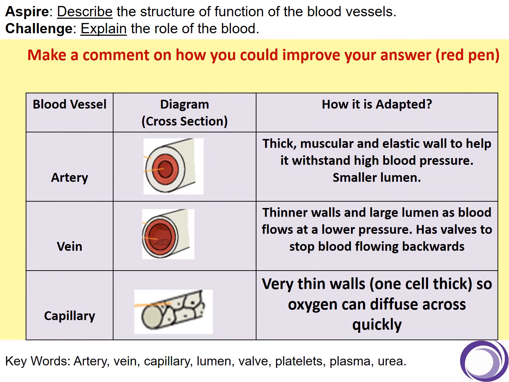So a vein, you should have just done a wider lumen, the hole in the middle bit, and then thinner walls, and then the capillary, very, very small lumen, and then 1 cell thick.